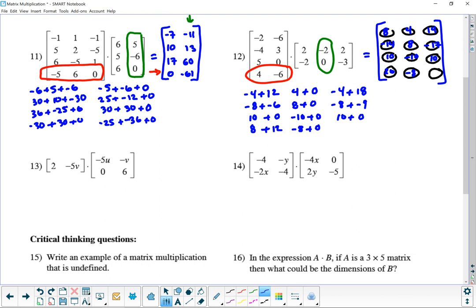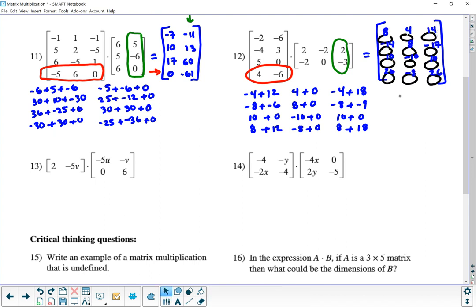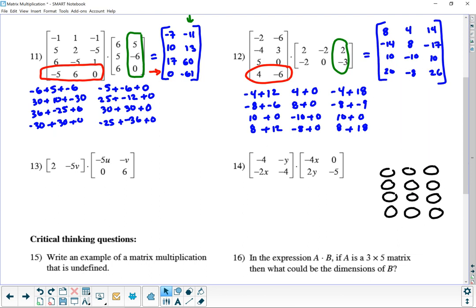So my answer is negative 8. And last column, 4 and 2 is 8 plus negative 6 and negative 3 is actually 18. So my answer is going to be 26. Okay. And these are my answers right there in case you need it.